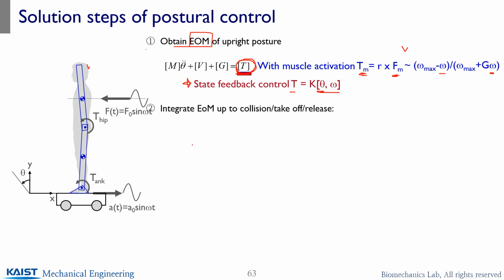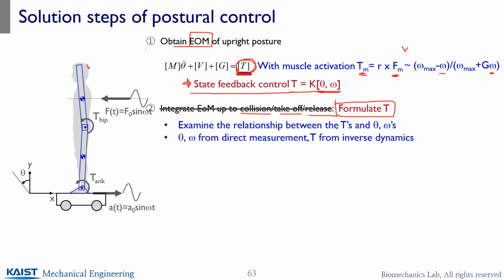Previously, for the dynamics dominant problem, we had to solve the dynamics until collision for walking, takeoff for running or jumping, or release for throwing. But here, the issue is we have to formulate the T, because this is what we assume. This is a state feedback. So we should specify what kind of formulation will explain the state feedback for the corresponding human movements.